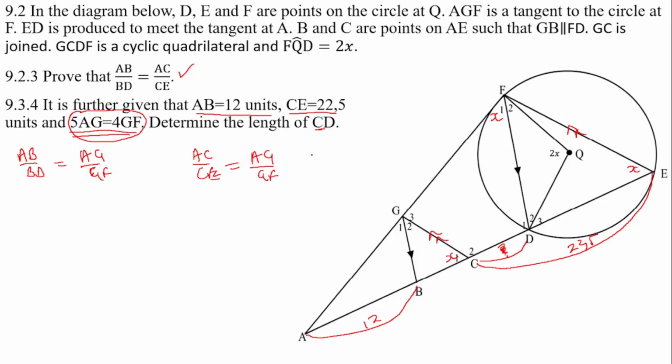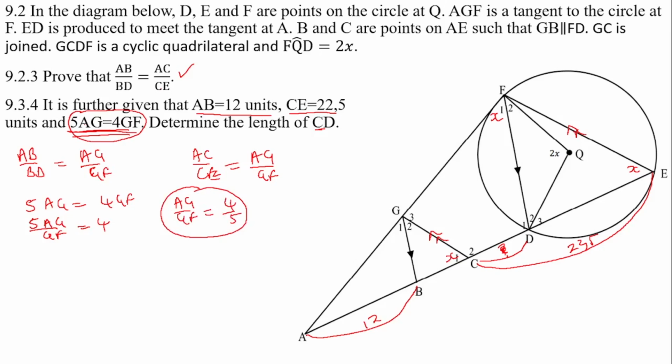Now from 5AG is equal to 4GF, we can divide by GF on both sides and get 5AG over GF is equal to 4. Then divide by 5 on both sides, and we get that AG over GF is equal to 4 over 5.